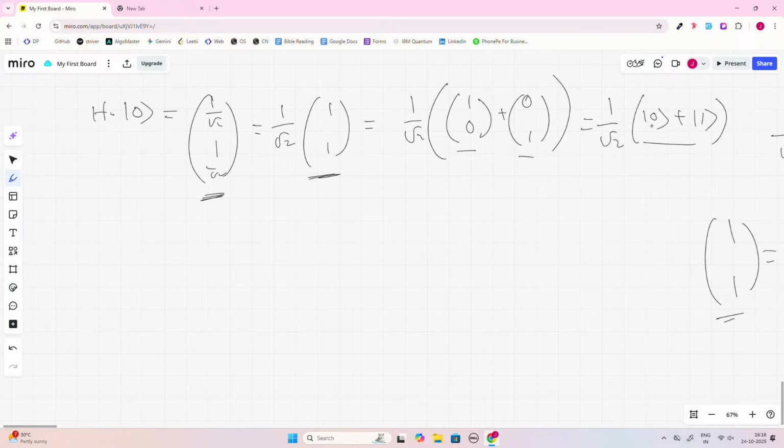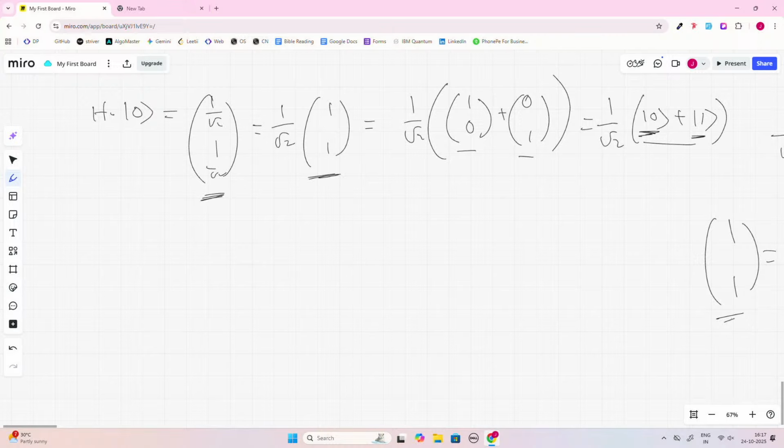So now, do you have a single state or a combination of multiple states? What is the meaning behind that? It is in a superposition state. This is how your Hadamard gate converts a single state into a superposition state, simply by using matrix operations. By simple matrix multiplication, you get the answer.